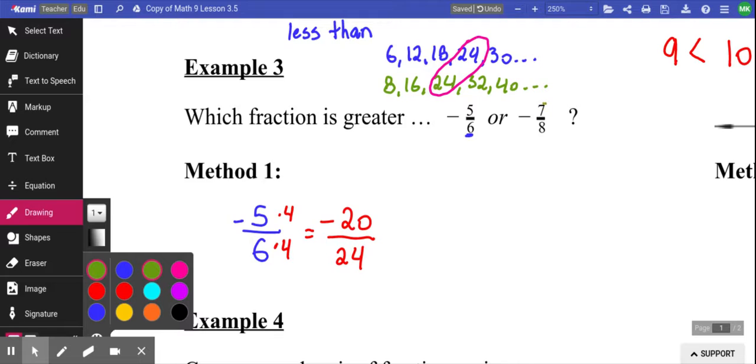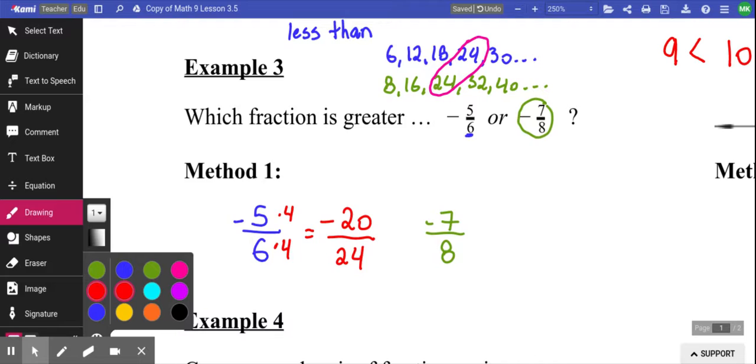Now I'm going to look at negative 7 over 8. I want to get a common denominator of 24, which we agreed on. How do I get 8 to become 24? Times 3. 8 times what would be 24? 8 times 2, 8 times 3.